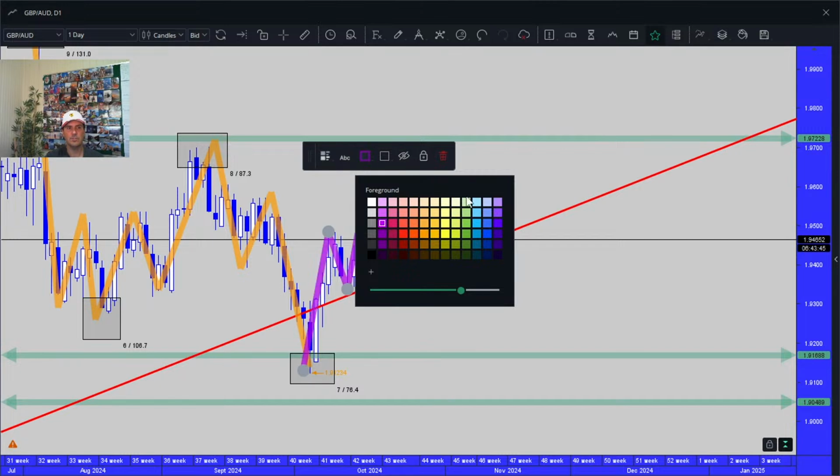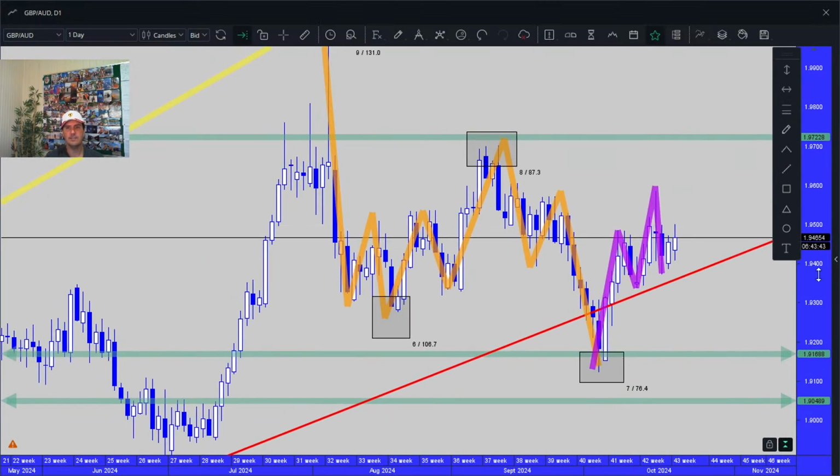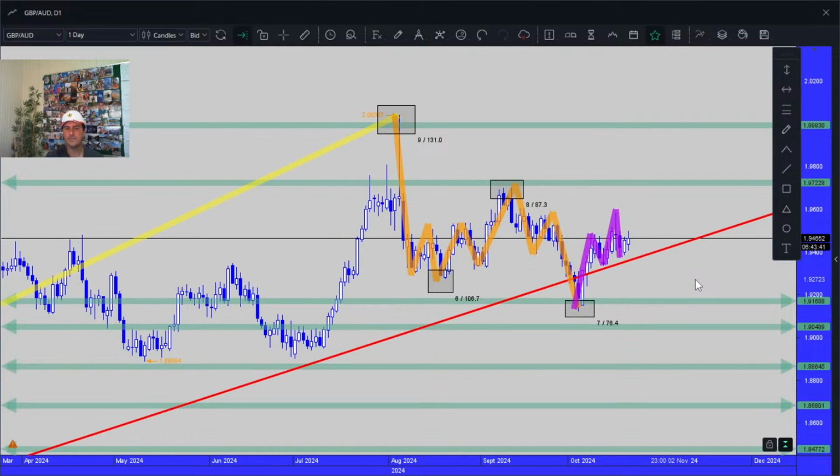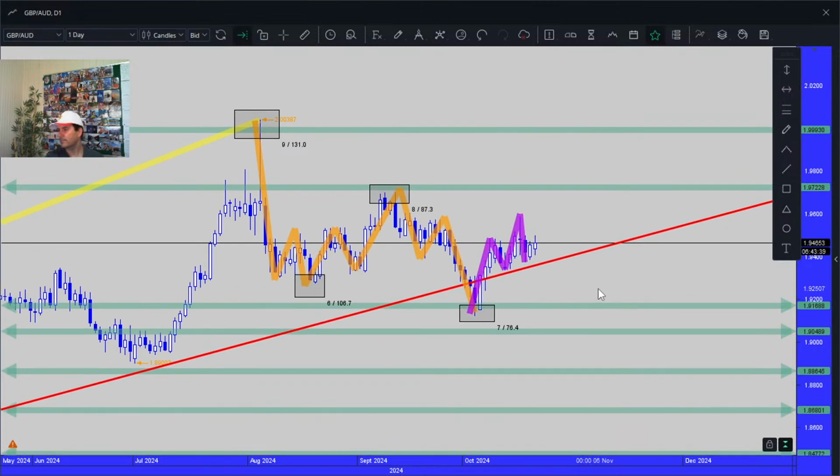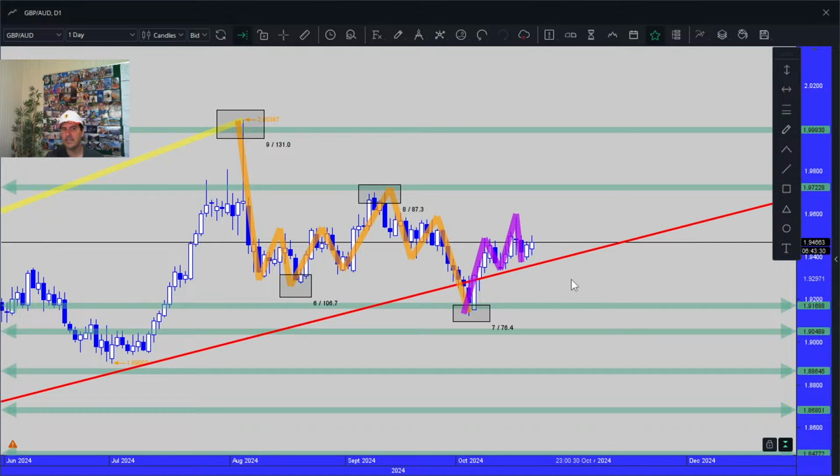So let's work on this on the violet. Lower orange low, alright. I will sell the yellow on the daily.